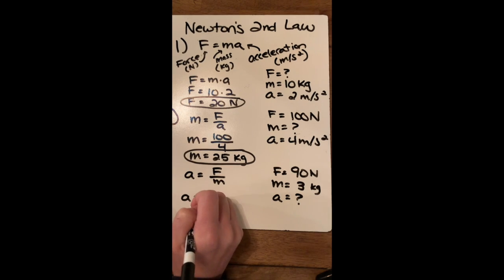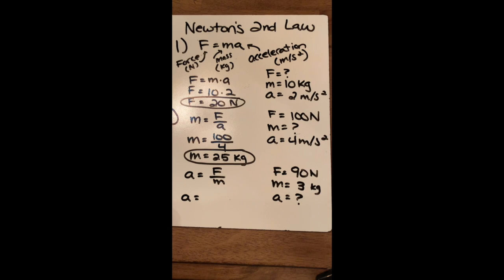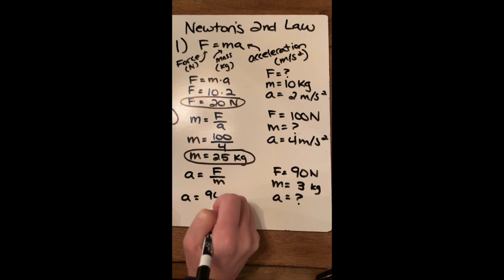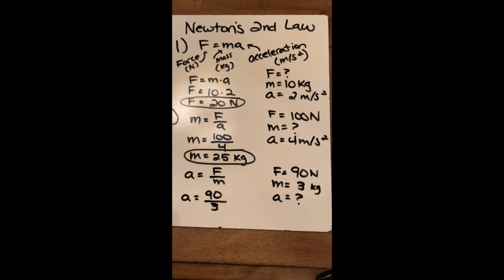I don't know the acceleration, so I just write A. The force I know is 90, divided by the mass, 3. That tells me the acceleration is 30 meters per second squared. So make sure you have this in your notes because this will help you on the practice problems and help you in your homework.